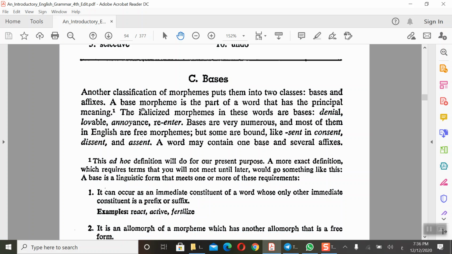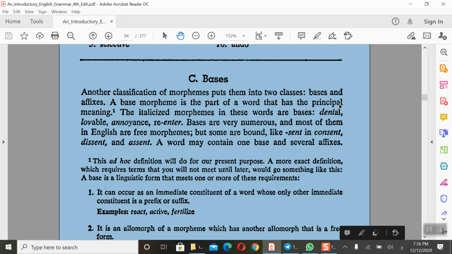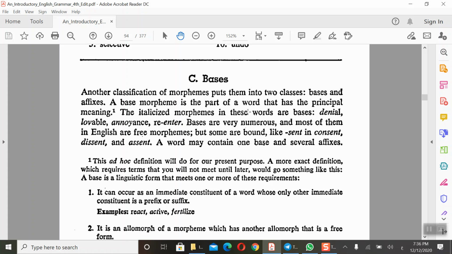A base morpheme, this is the definition of a base morpheme, is a part of a word that has a principal meaning, okay? That has the main meaning.